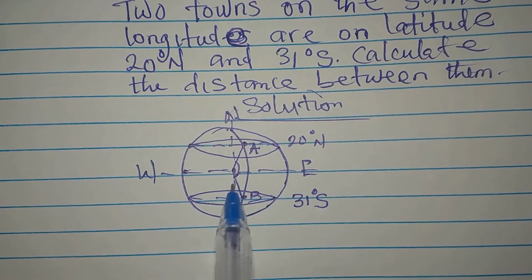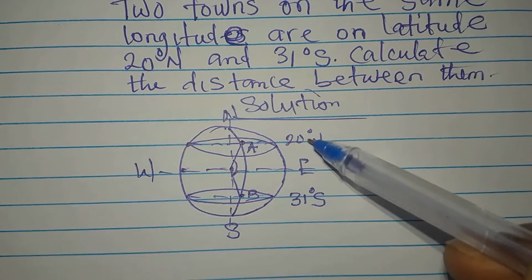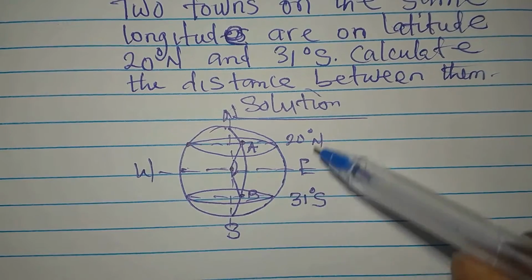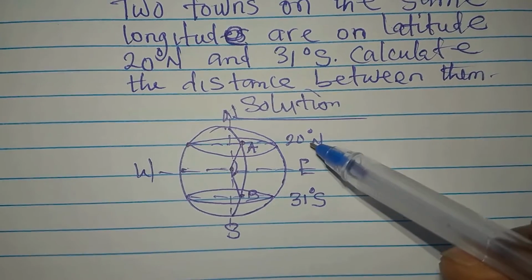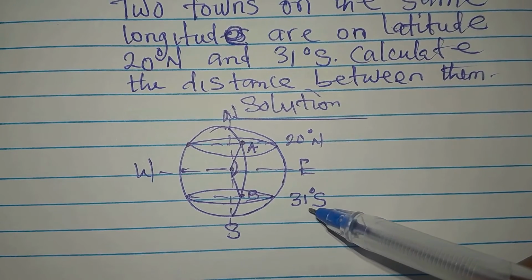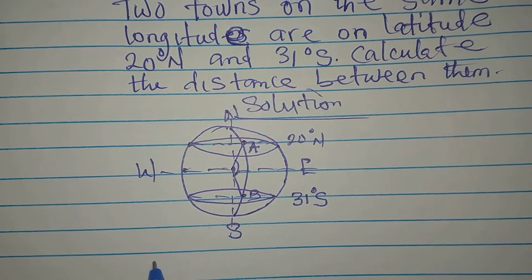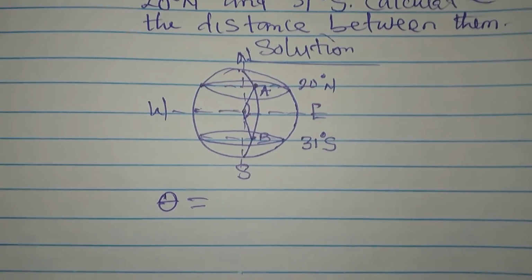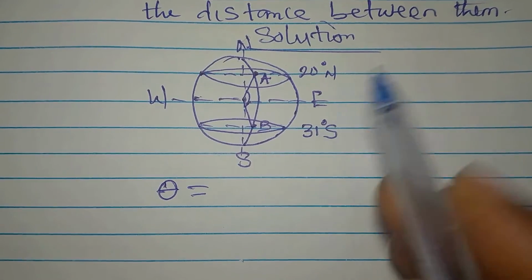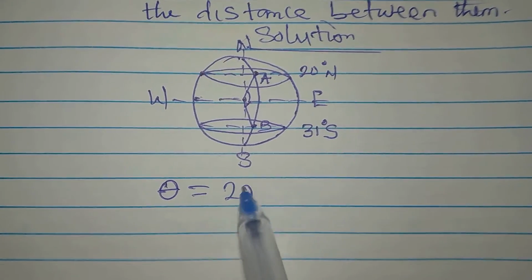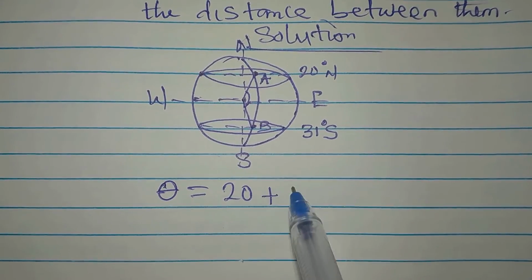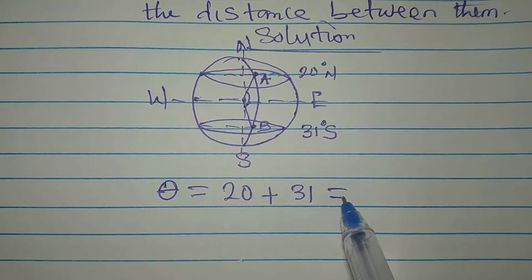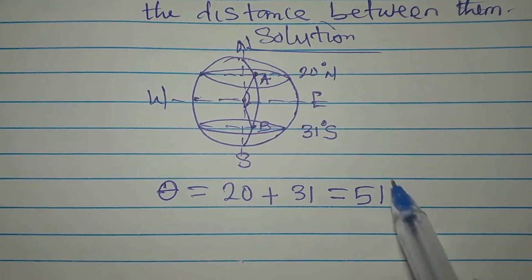So to get that angle, since we have the latitudes given, they are not on the same direction. This is 20 degree north and this is 31 degree south. So our theta will now be the addition of the two latitudes. So we have 20 plus 31, and this is going to give us 51 degree.